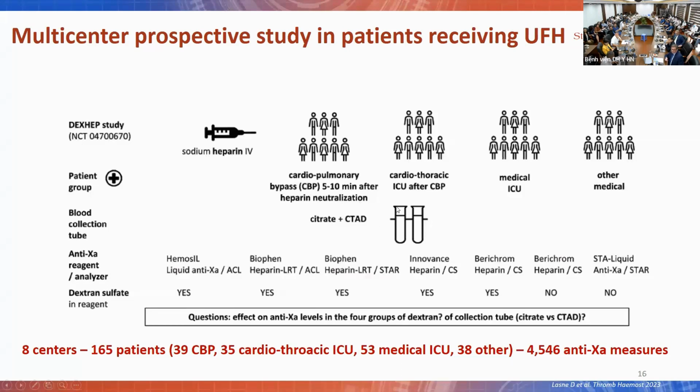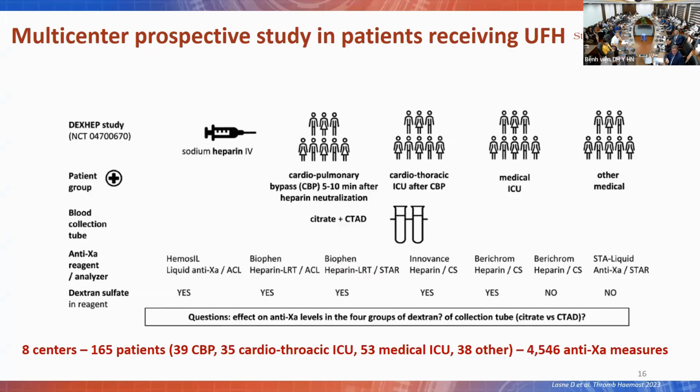The second group was cardiothoracic patients in the ICU after cardiopulmonary bypass. There were also medical ICU patients and other medical patients. And they looked at the results in regular citrate tubes or CTAD tubes with various reagents which are depicted here that contain or do not contain dextran sulfate.